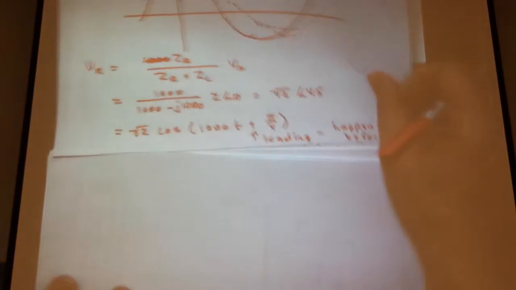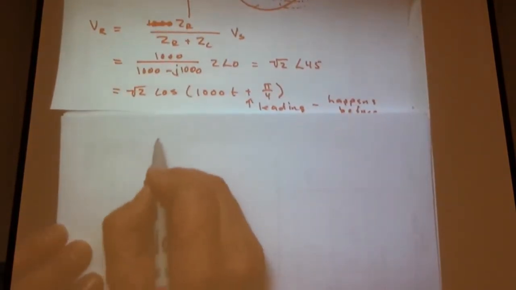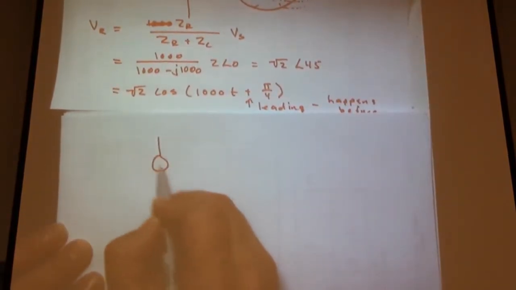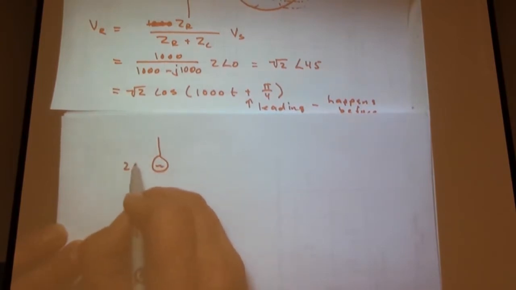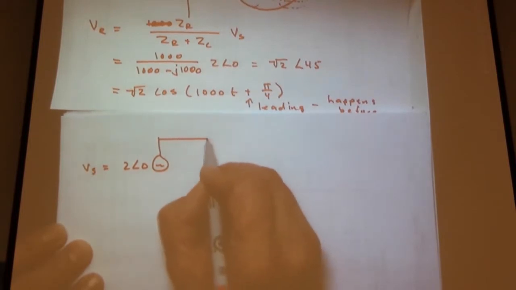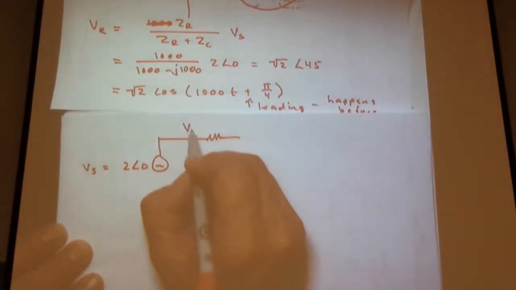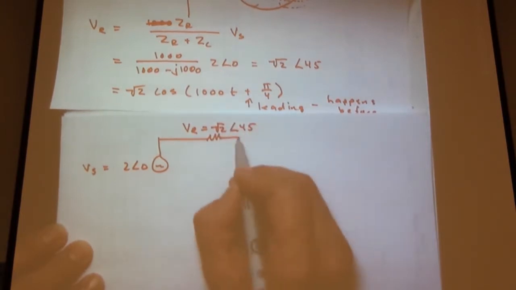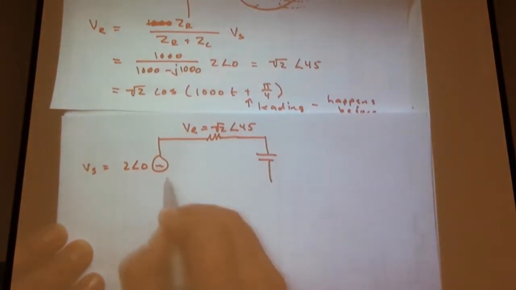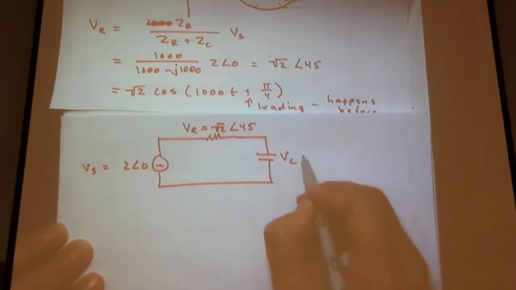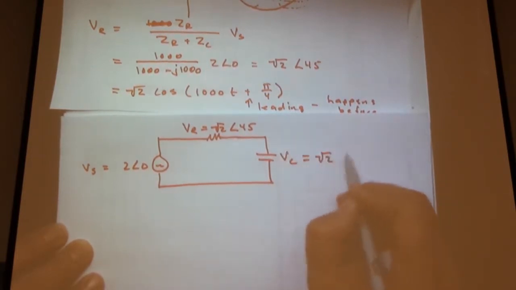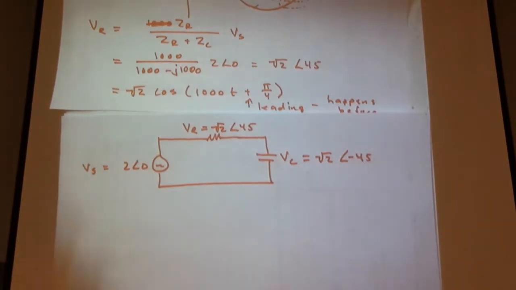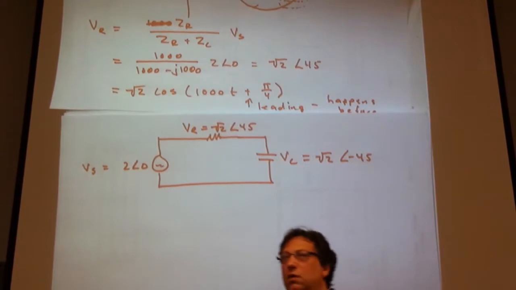So ultimately, if we draw things out, we go back to our circuit and say, well, this is our V source, 2 angle 0. VR equals square root of 2 angle 45. And VC equals square root of 2 angle minus 45. And as I promised, all our Unit 1 material comes back.